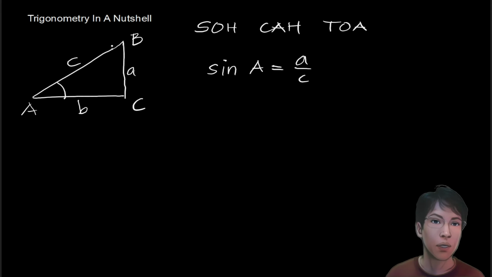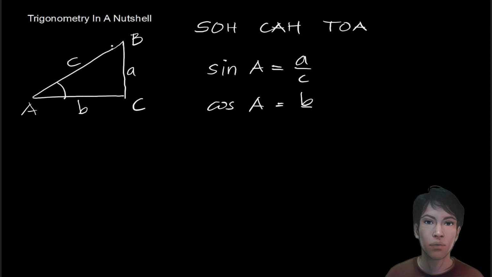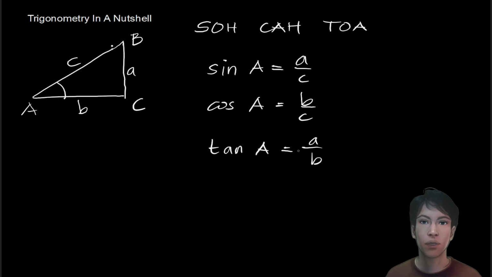This is the opposite side, and this is the hypotenuse. Cosine A is B over C, and tangent A is A over B.